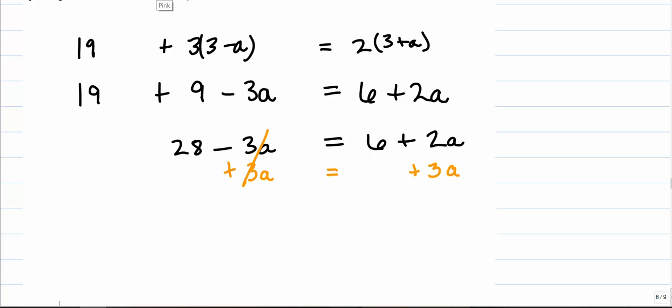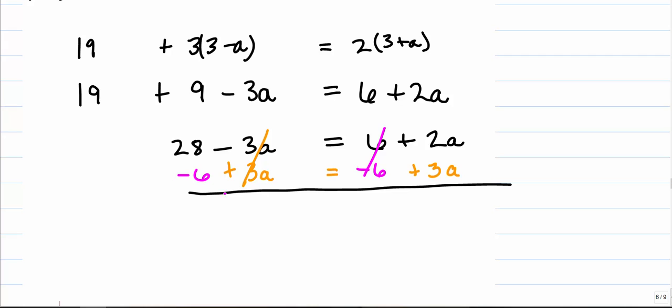But then I'm also going to subtract 6 from both sides so that all my numbers will be on the other side. So I end up with 22 equals 5a. So when I divide by 5, I get 22 over 5 equals a. And that's a perfectly okay answer. I mean, it doesn't look pretty, but it works.